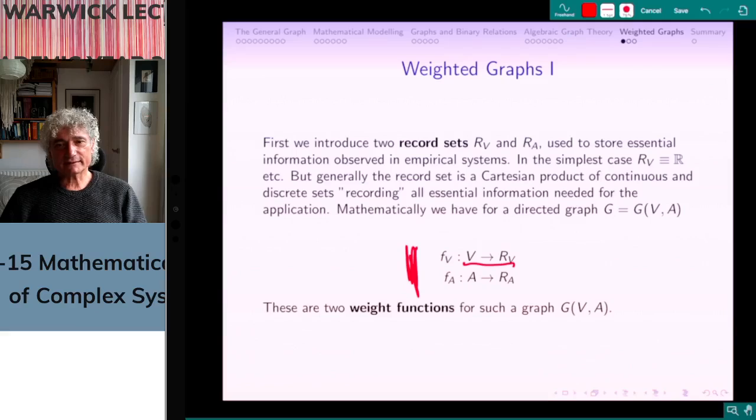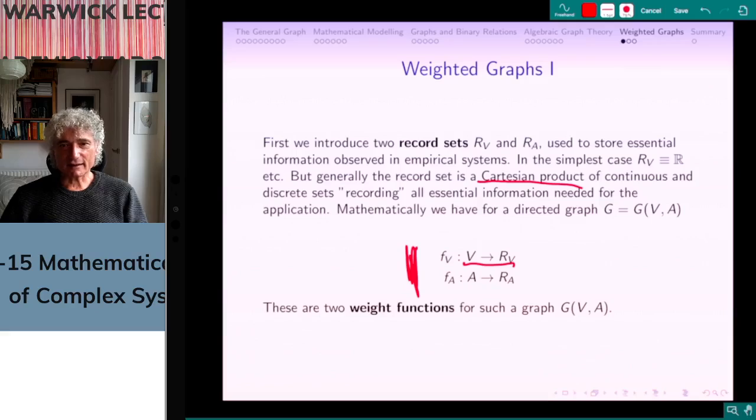So Rv is a record set which in the simplest case would be, for example, just the real numbers, if it's about, for example, the probability of something or some characterization of the vertex that can be characterized by just a single real value. In case it must be characterized by more than a single real value, then you would have to introduce a Cartesian product for the choice of this record set Rv.